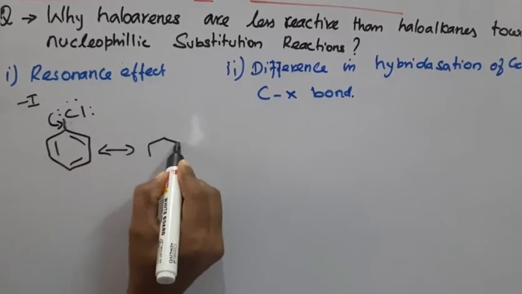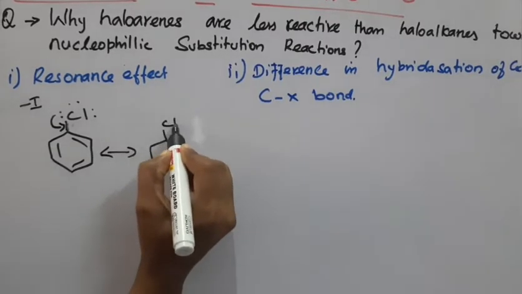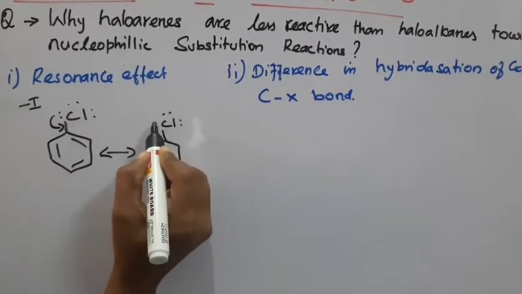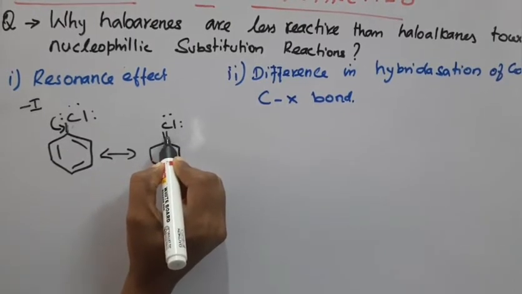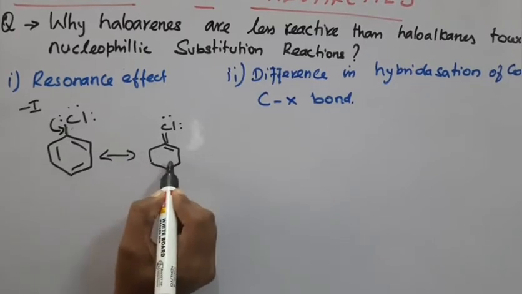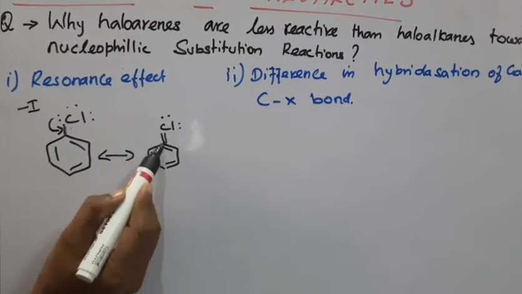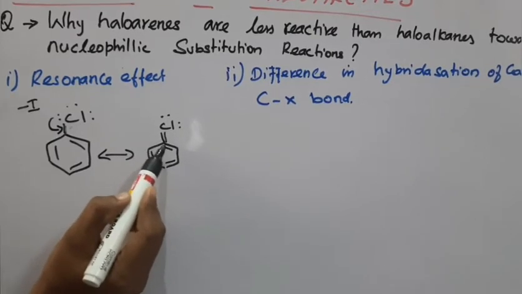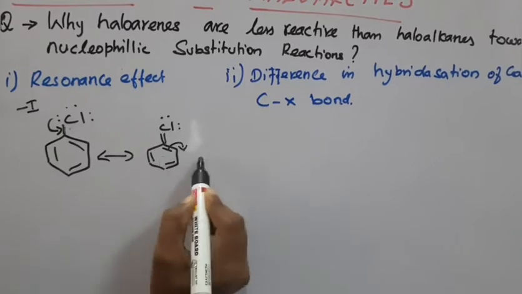Okay, listen. Here Cl has a pair of electrons which is donated here, so it attains a partial double bond. Here one pi bond is present and another pi bond is also present. These two nearest pi bonds are not possible, so it comes outside and is present in the ortho position.